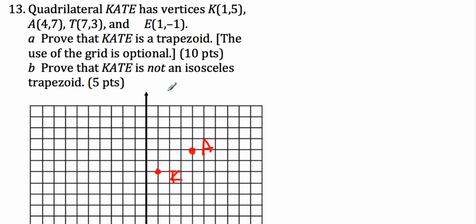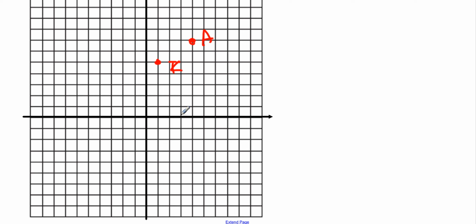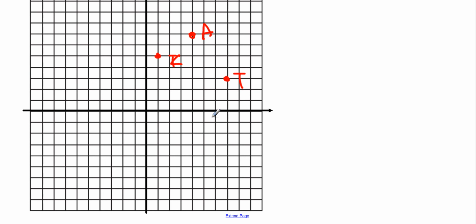And then T is 7, 3. And then E is 1, negative 1. So what we're going to do is connect them with line segments.